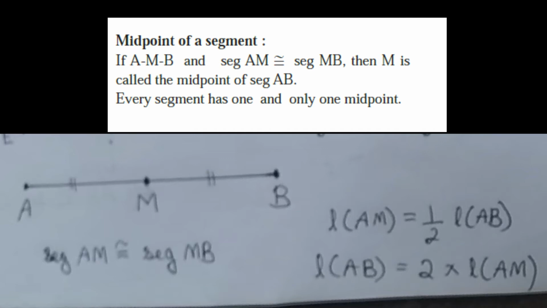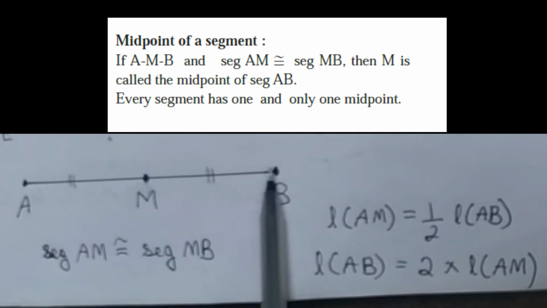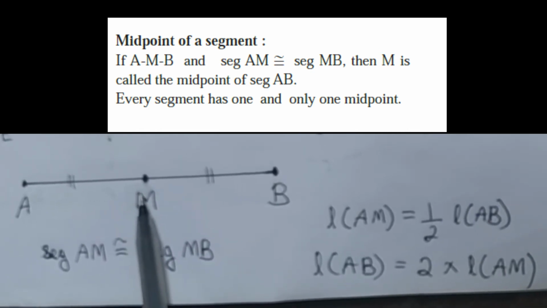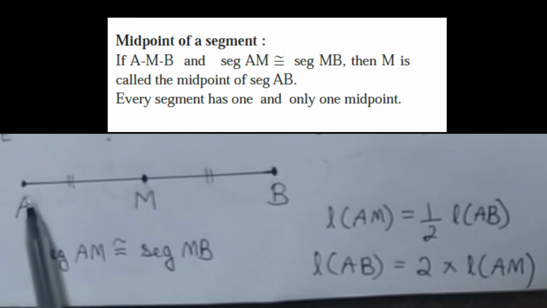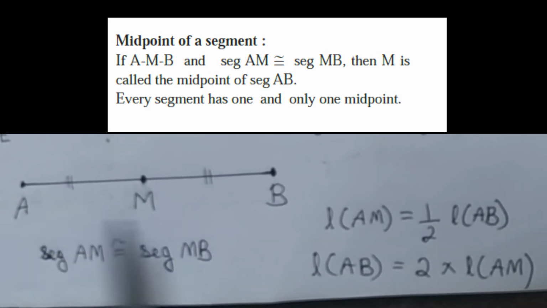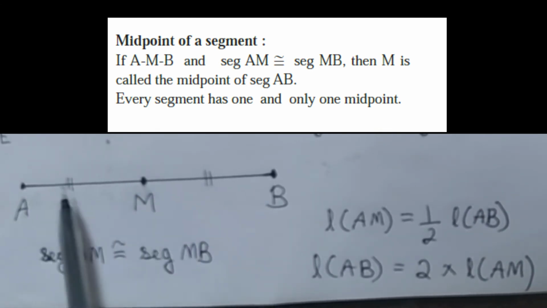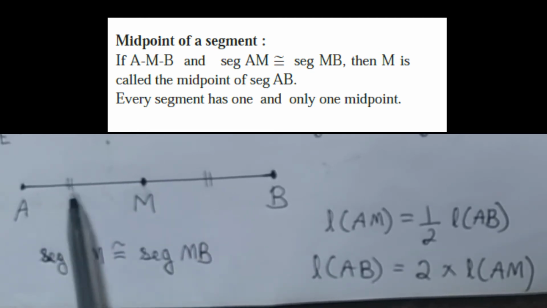Now here AB is a segment. Point M is between A and B, and this point M divides the full segment AB into two equal parts.